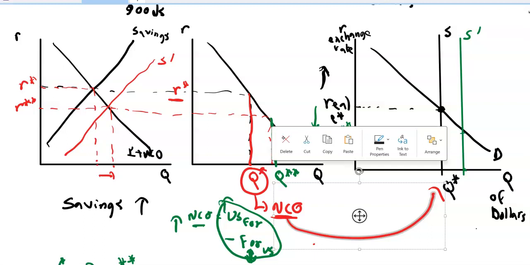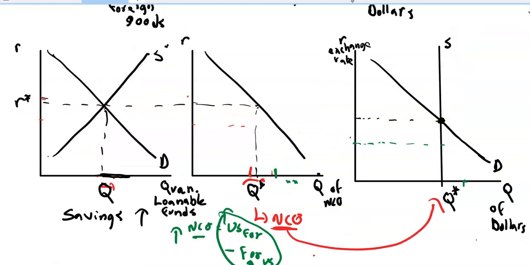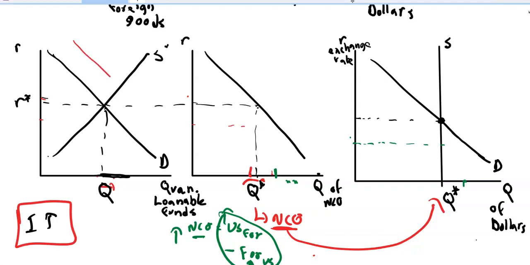Now let's say we increased investment. We saw in the first example how savings was affected. Now let's say that investment increased because the US government is making policies to increase investment. As a result, demand for investment will increase, and this is because I went up, not NCO.